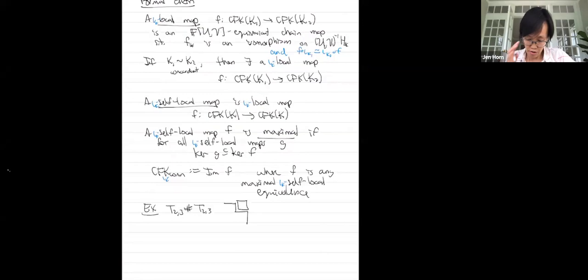It turns out that if you were to actually compute iota k for this example, iota k sends some stuff from the box into some stuff here, maybe vice versa. But the point is that these two summands get intertwined by iota k. And so if we want to see what CFK connected is for this knot, it's actually the whole thing. It's both this staircase and this box.